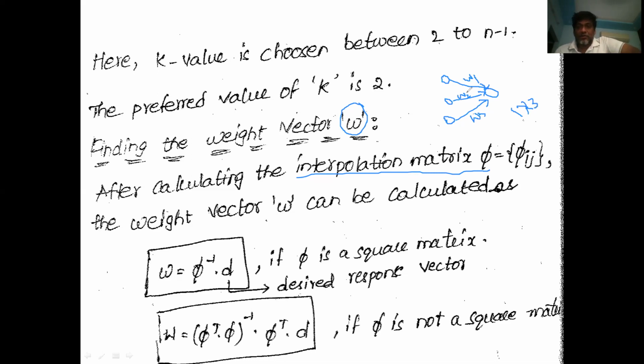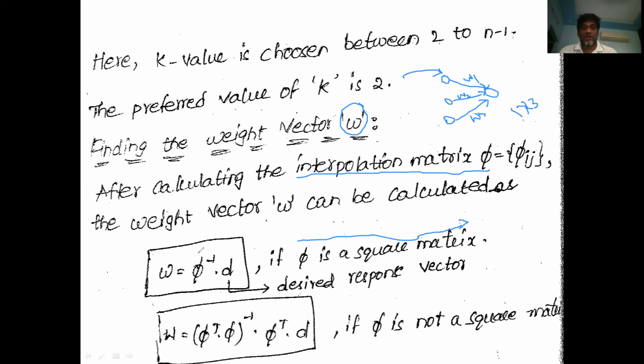So what we did is we found this interpolation matrix that mapped the input space to hidden space. Now the hidden space is in high dimensional space, which can be linearly separable. Now how do you calculate this weight vector W? We know that the formula for weight vector is W equals phi inverse into D. This can be used if phi is a square matrix, then we can use this formula directly.